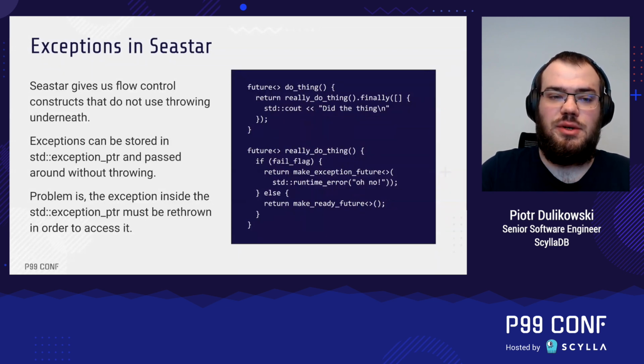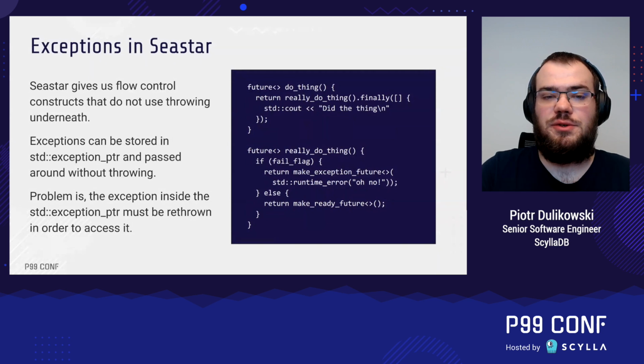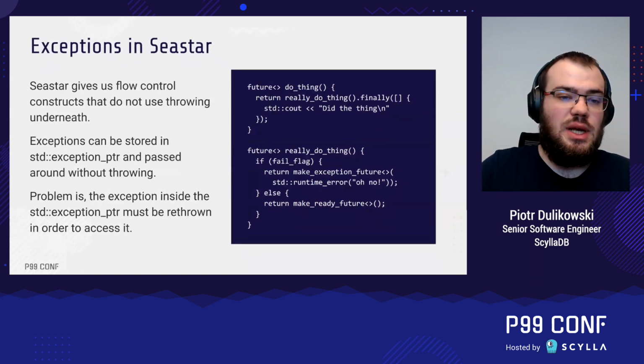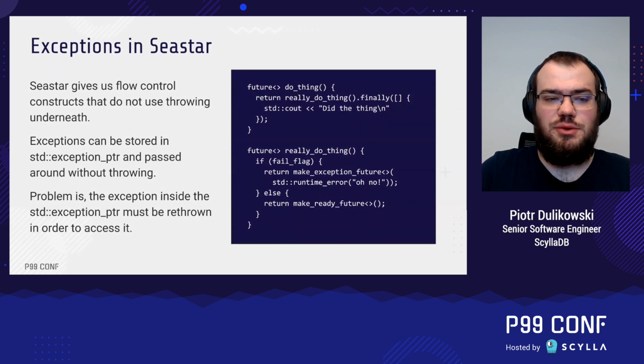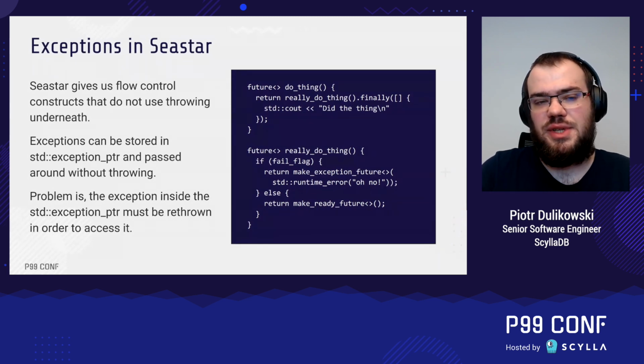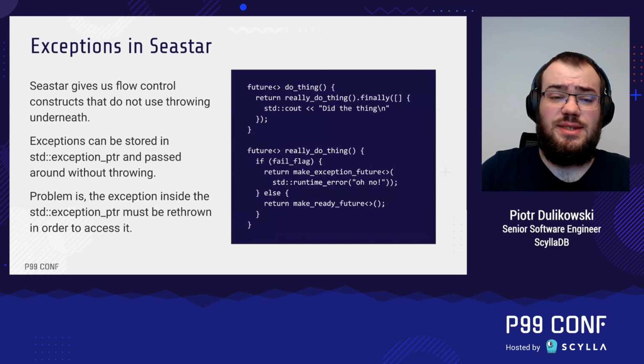Seastar allows running concurrent, asynchronous tasks which can wait for the results of each other via objects called futures. If a task results in an exception, it is stored in a future using std::exception_ptr and can be later inspected by a different task. What is nice is that Seastar reduces the time spent in the exception handling runtime.